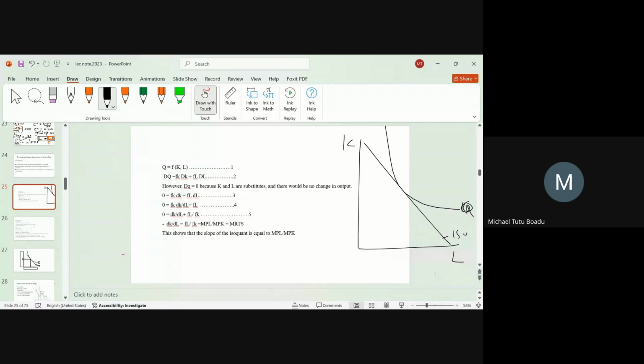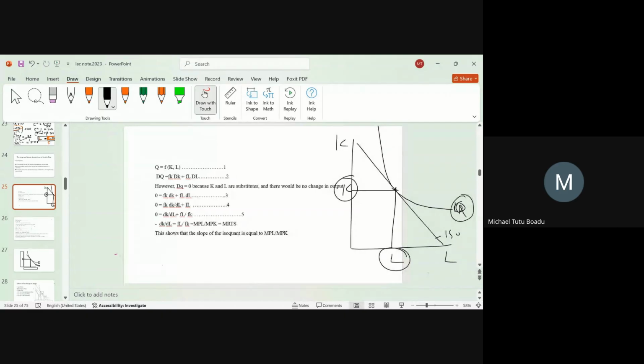If this is utility, we say that in a different scale. So where isoquant and isocost are tangent, you have the amount of capital you have to hire and the amount of labor you have to hire. So you are hiring K amount of capital, L amount of labor to produce a certain quantity called Q.